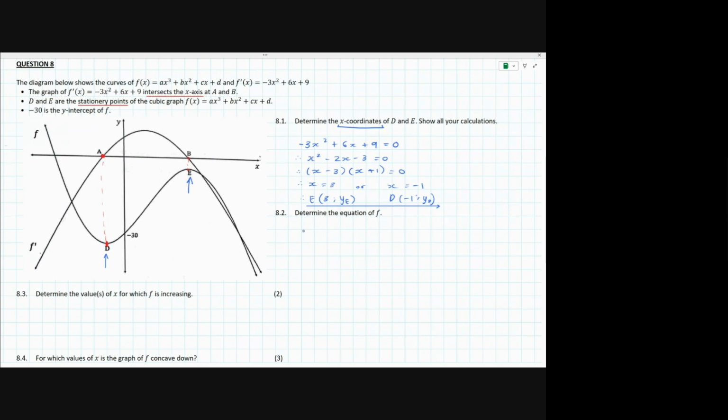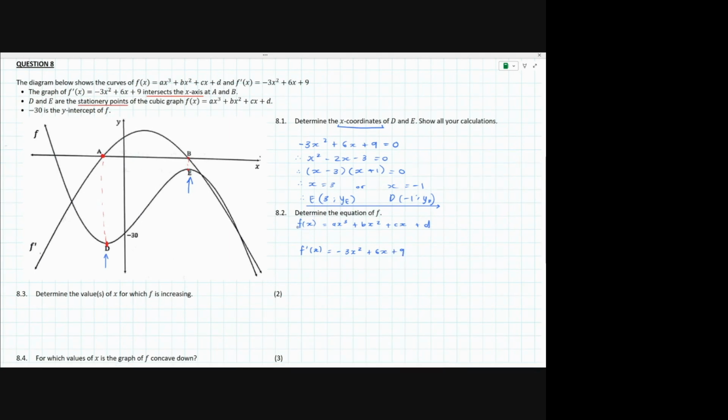All right, so first things first, we know that f is ax cubed plus bx squared plus cx plus d. And we know what the derivative function is. We know that the derivative function is -3x squared plus 6x plus 9. Those two are linked. It's the derivative of your original.